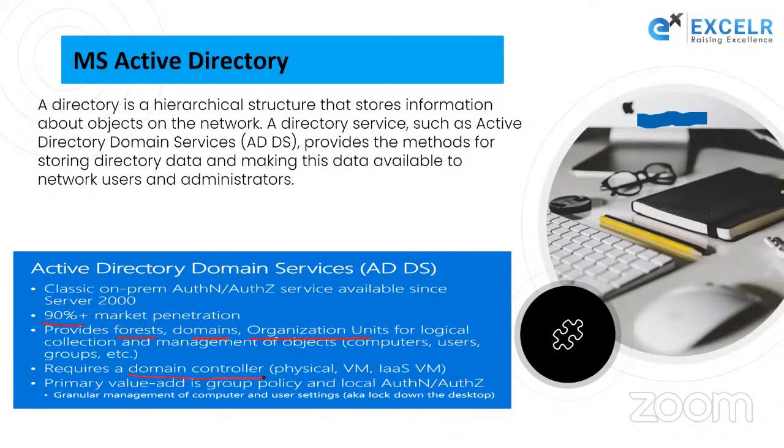This is a server which will help you do a domain join of your virtual machines and your actual physical machines. It is also going to help you have certain group policies and local authorization configured in your environment, and you can pass on certain policies which will help you do a granular management of the computer and the user settings.